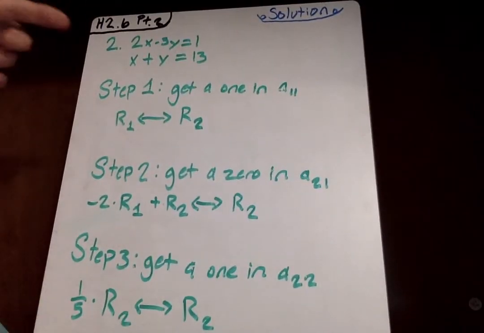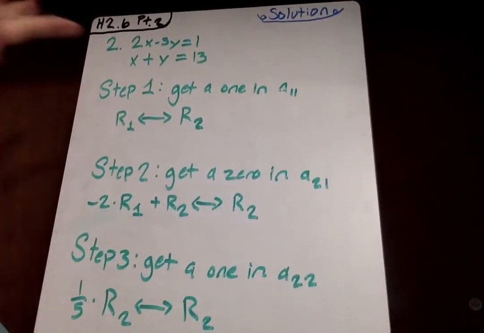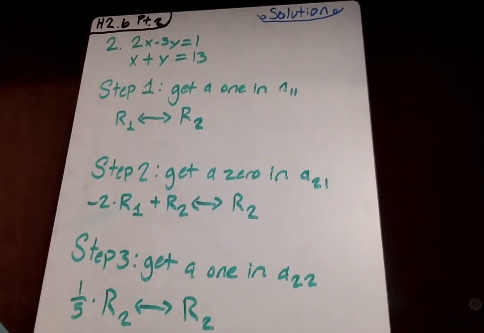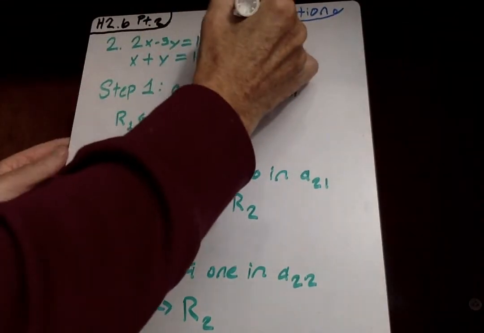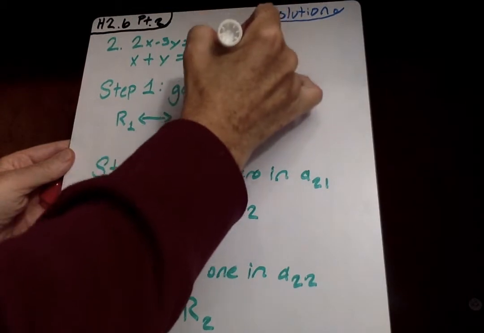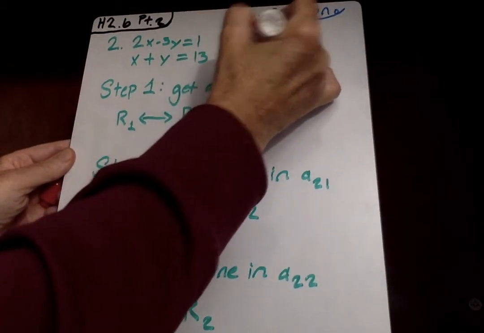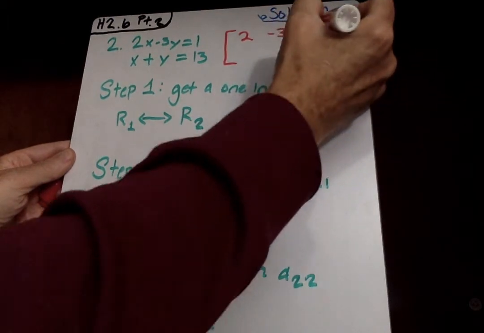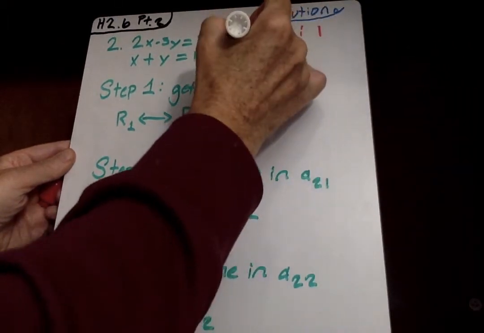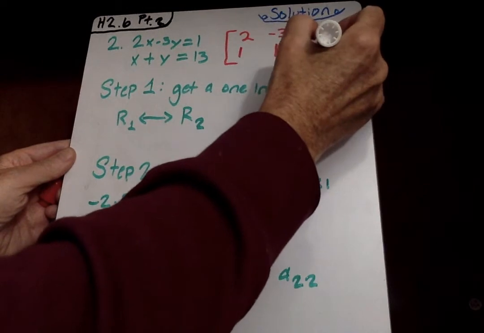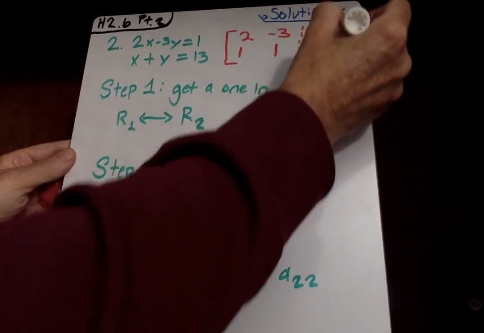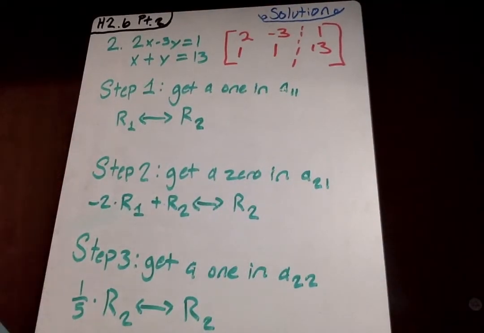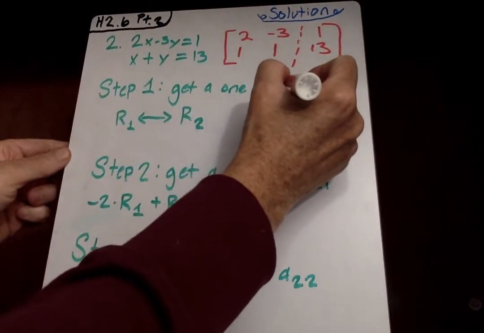Okay, so we have 2x minus 3y is 1, x plus y is 13. So if we have our matrix here, augmented matrix, again, you take your x and your y out. All right, step 1, get a 1 in the A11 position.